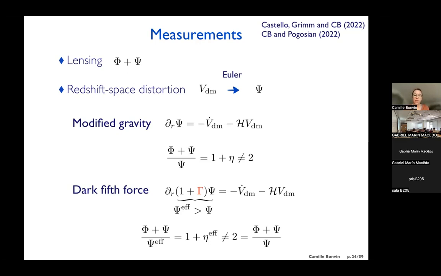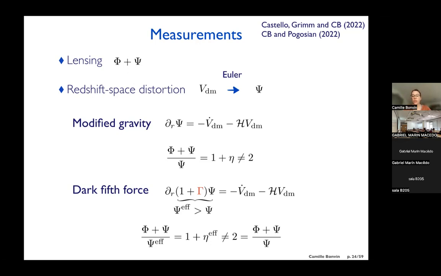And then you see that if we compare phi plus psi with this psi effective, we will see a difference, not because the two potentials are different, but because we have inferred a wrong potential from the velocity that we have measured. So it means that in the 2 cases, we would actually see an anisotropic stress, even if in the case of the dark matter fifth force, there is no anisotropic stress.